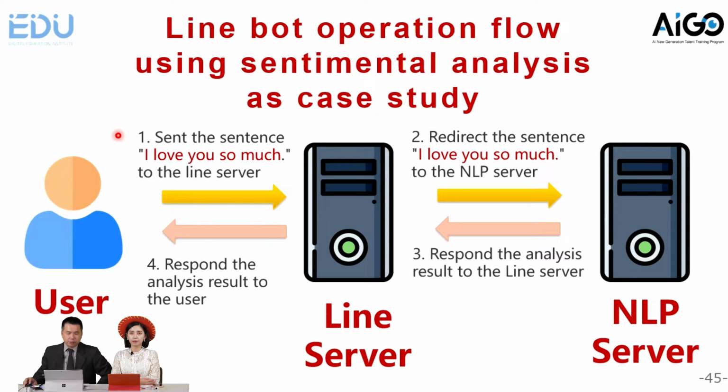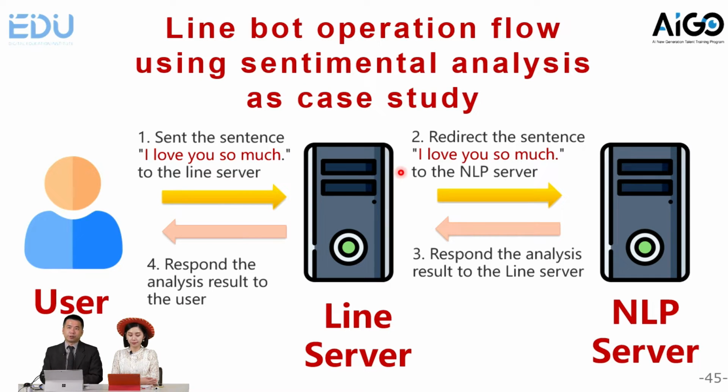First, the user sends a sentence, "I love you so much," to the LINE server. Then the LINE server will redirect the sentence "I love you so much" to the NLP server. You must build your own NLP server by yourself, in your business, your company, your laboratory, or your school.